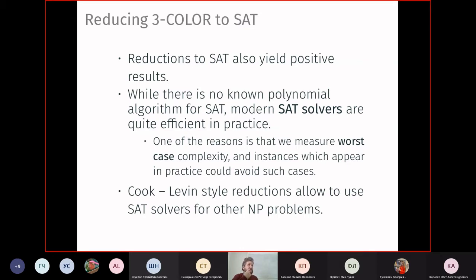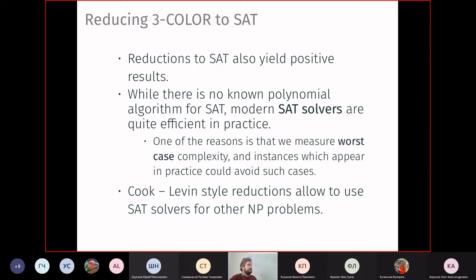And many people do this, for example, in genomics. There are many NP problems concerning the genome and transformations of that, answering some questions. There are Cook-Levin reductions to SAT, and they apply SAT solvers. And they say, by the way, that the really useful results happen to be easily solvable by SAT solvers.